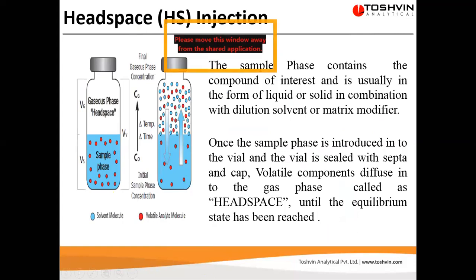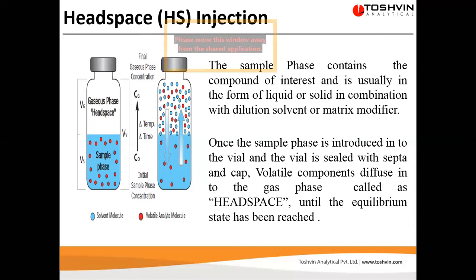So what is headspace injection? First of all, when you are doing any headspace analysis, the sample you take for analysis is always taken in this kind of glass vial. We have two options of vials: either a 10 ml vial, or a 20 ml vial.